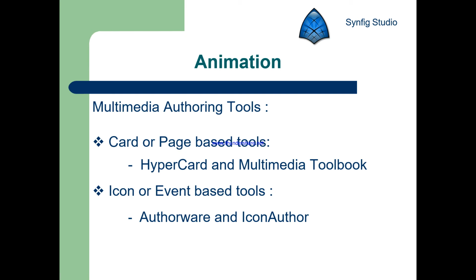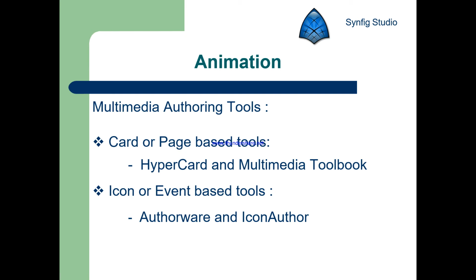For example, we give some events into the animation: double click, single click, clicking focus, on mouse over, on mouse out, on single click. These types of events are used to develop the event-based tools.